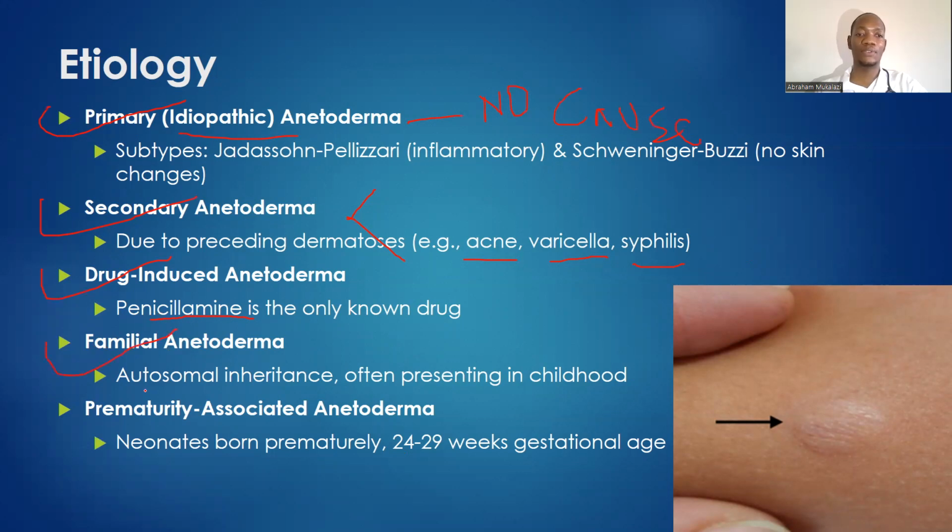In this case, it has autosomal inheritance, oftentimes presents early in childhood, and has been shown to occur even in twins. The fifth type is prematurity-associated anetoderma. It occurs in preterm babies born within 24 to 32 weeks of gestation. Usually this one comes early in life, and it usually persists for a longer time.